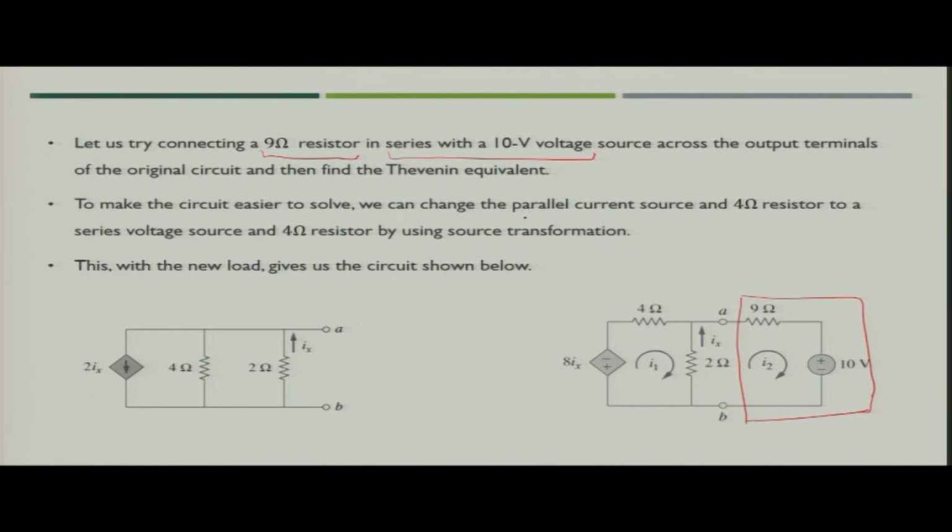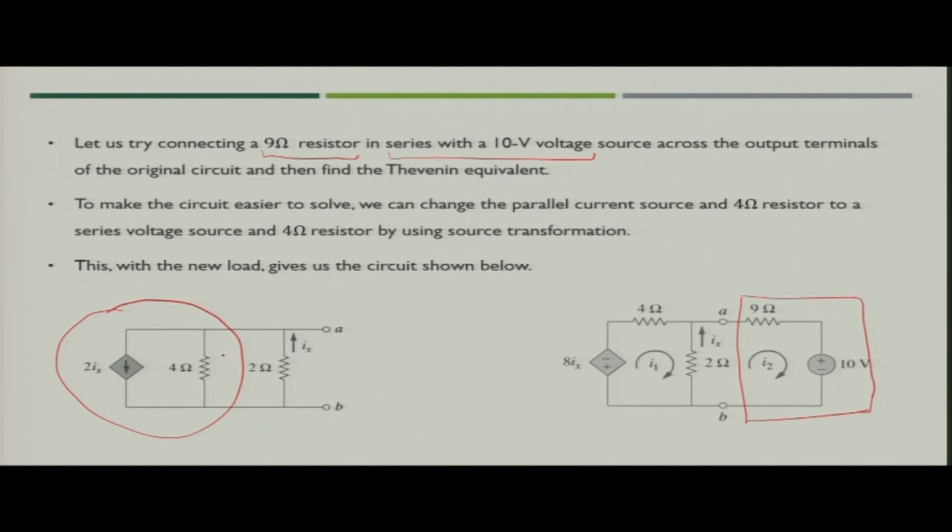You will simply see the circuit, that is, if you see this particular segment, you will see that one current source is in parallel with one 4 ohm resistance, right. So, what can you do?